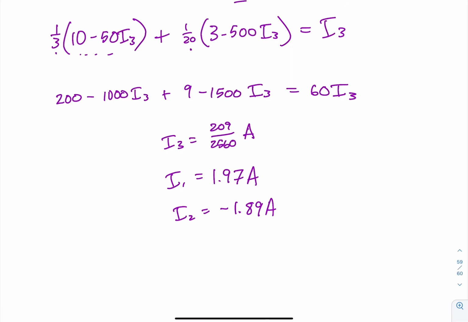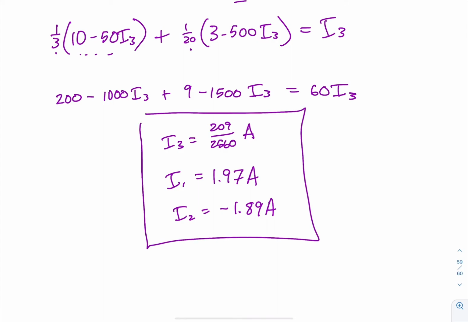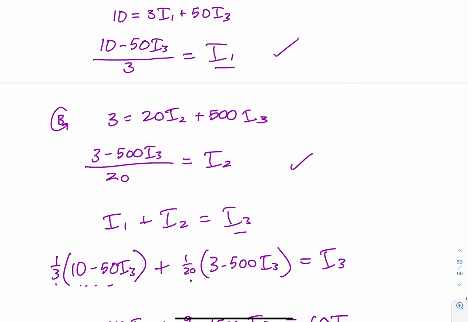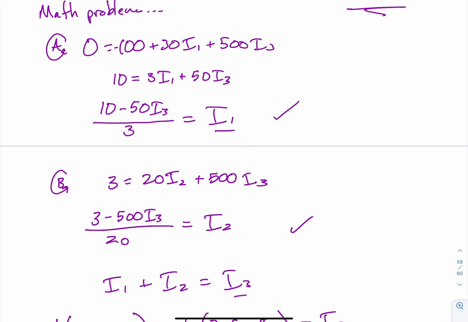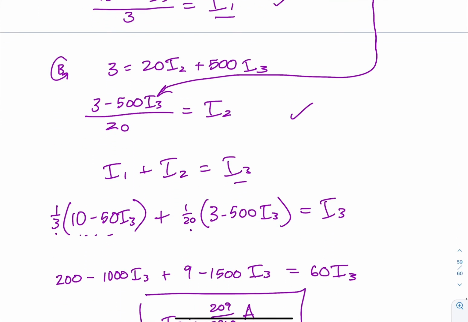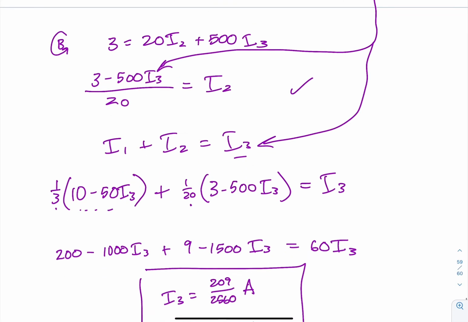And so I'm going to go ahead and box these in. You might note to yourself, we substituted I3 into here to get I1 and into here to get I2. Or we could have substituted it into here once we had either of the other two. So there's lots of ways to do this.